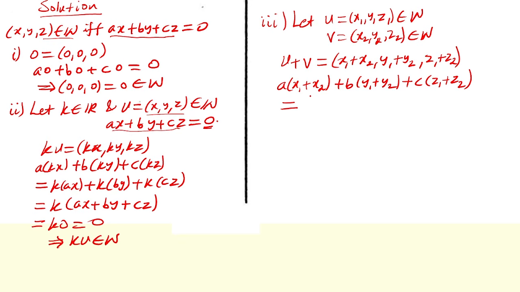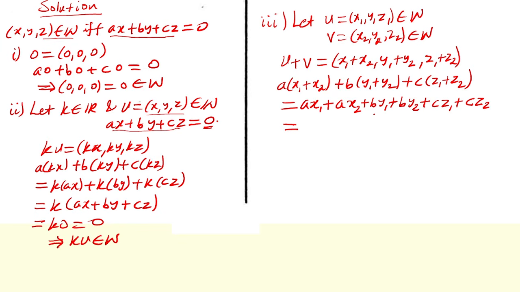Multiplication distributes over addition: a times x1 plus a times x2, distribute b, b y1 plus b y2, distribute c, c z1 plus c z2. Addition is commutative.